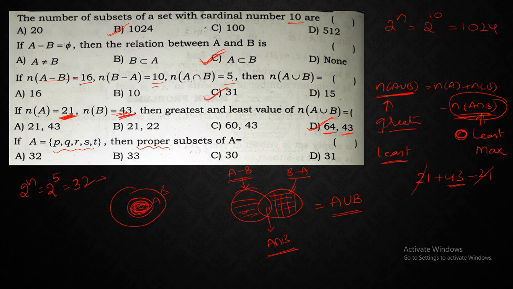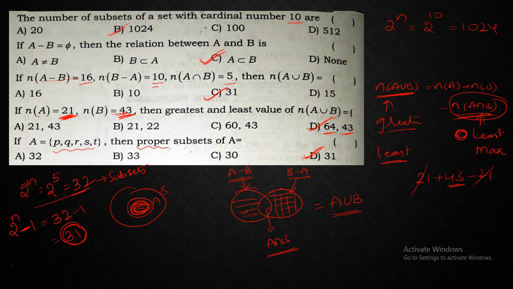So all the subsets are represented like this. Next, proper subsets is nothing but 2 power n minus 1. That is the formula for proper subsets. Already we have found the 2 power n value, so 32 minus 1 is 31. So the answer is 31.